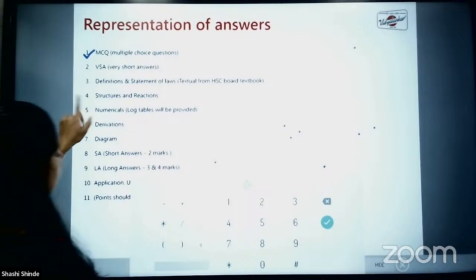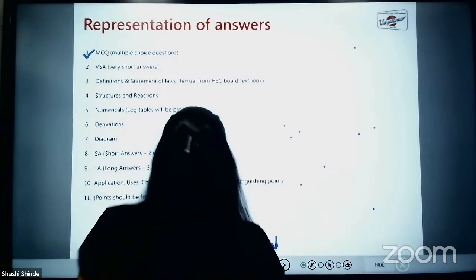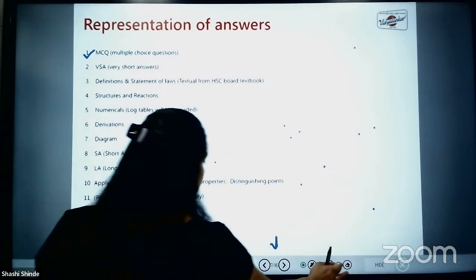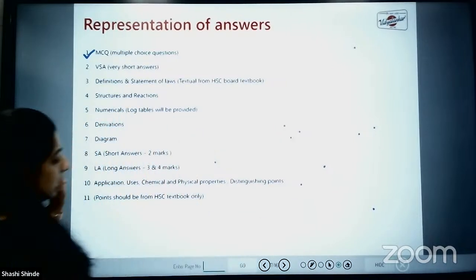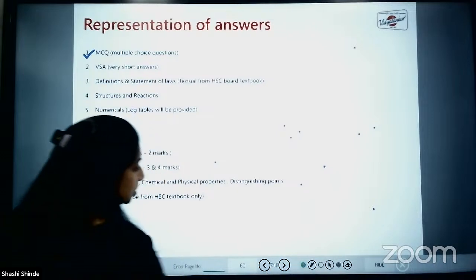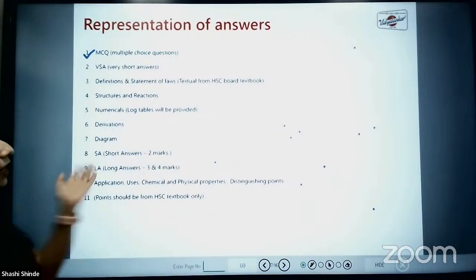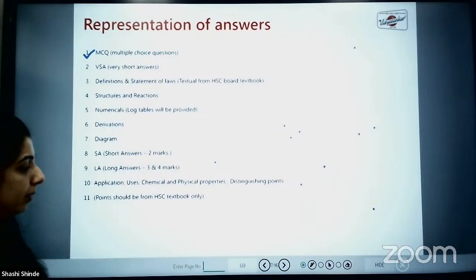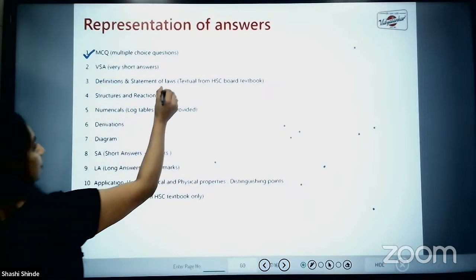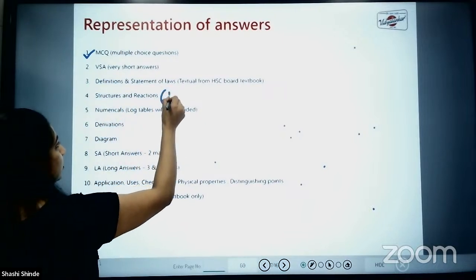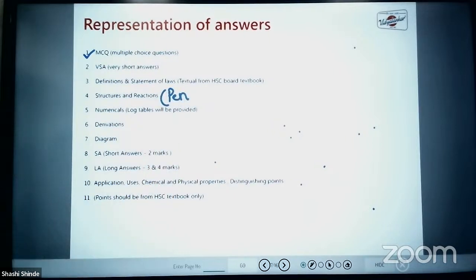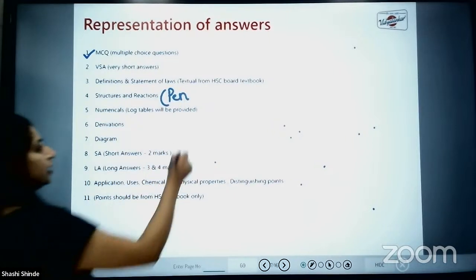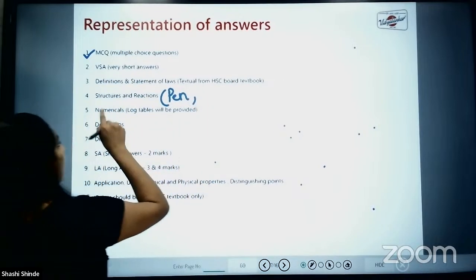Coming back to structures and reactions. For structures and reactions, the main question is whether to write with pen or pencil. Remember, structures and reactions you will write with pen only. Fine.